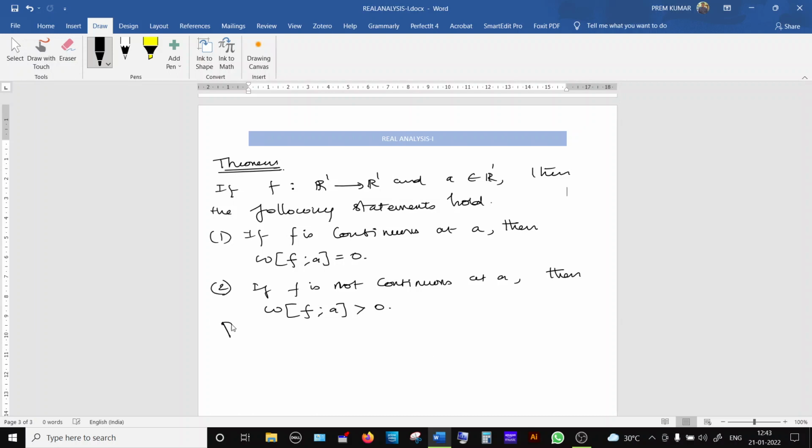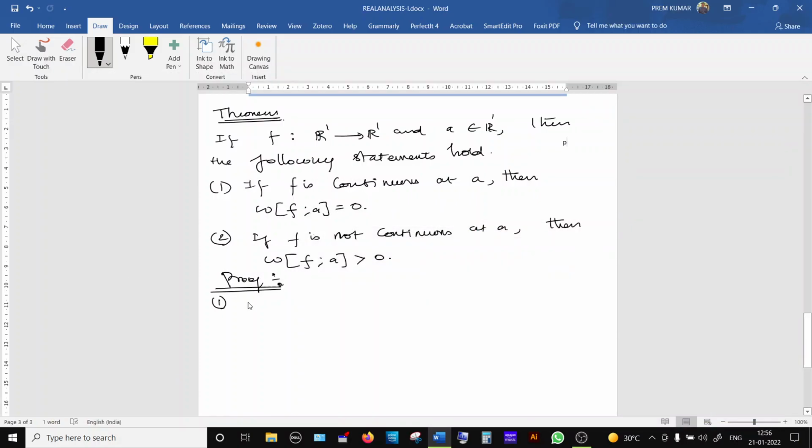Proof of 1. So the first one we are going to prove. Suppose we assume that f is continuous at A. We have to show that the oscillation of f at that point A must be 0.